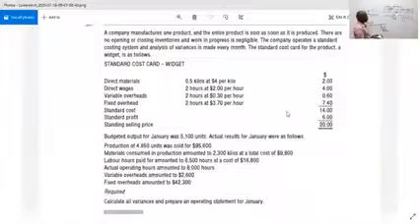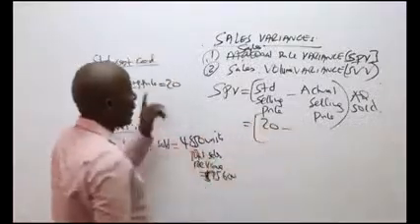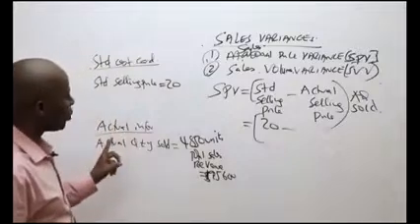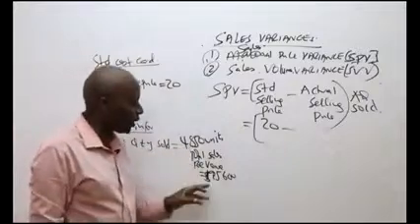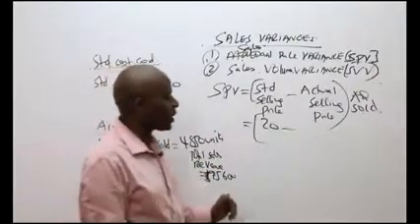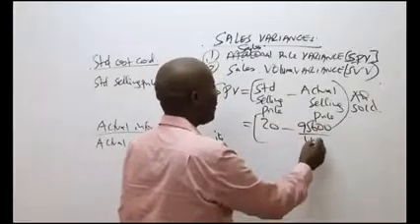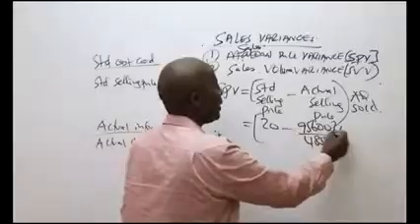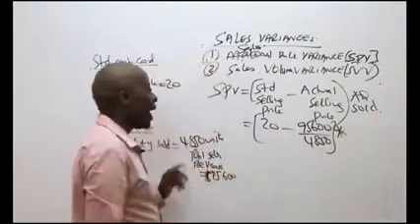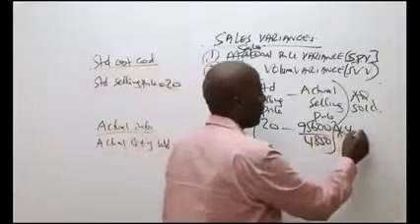Now, out of this, I'll be able to get my parameters very well. I will start with the standard selling price. The standard selling price is 20 minus the actual selling price. I can see these 4850 units gave me this money. How about the money given by 1 unit? It will be 95,600 divided by 4850, multiplied by the actual quantity sold, which is 4850.